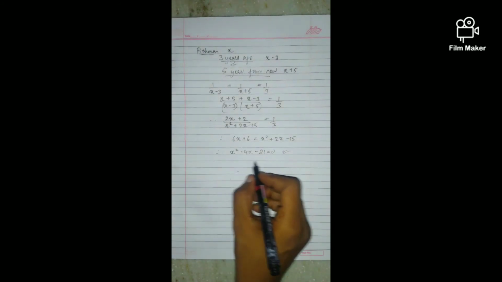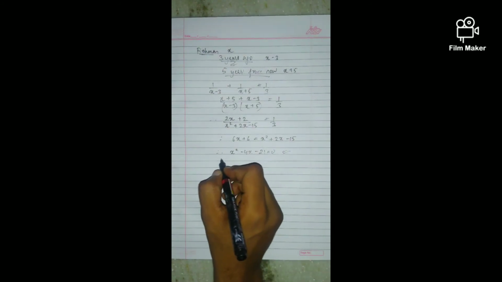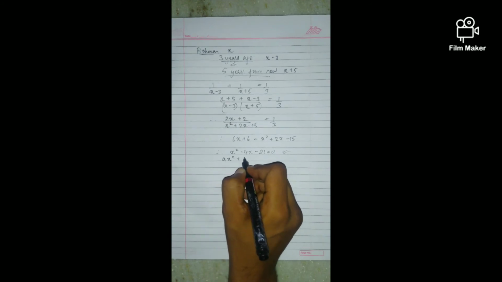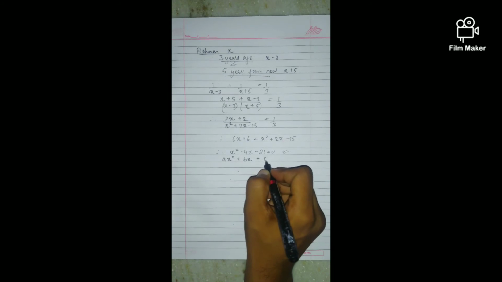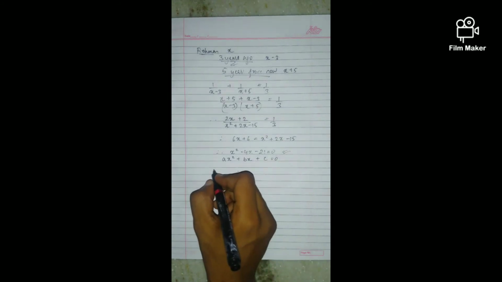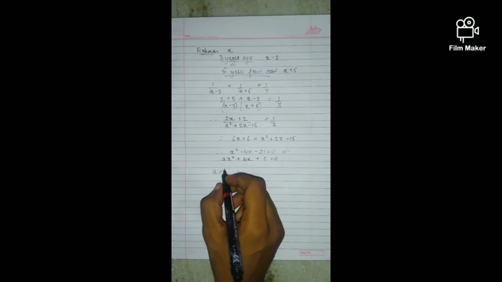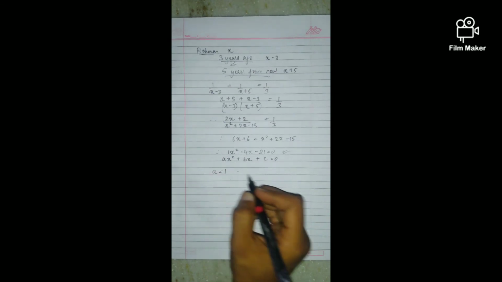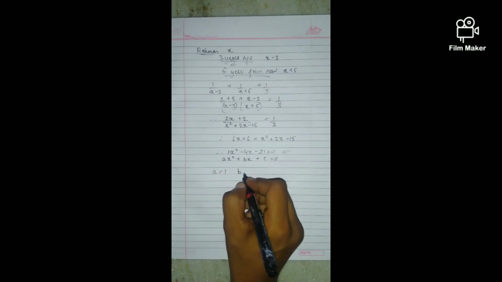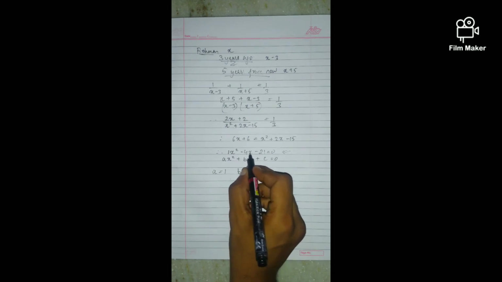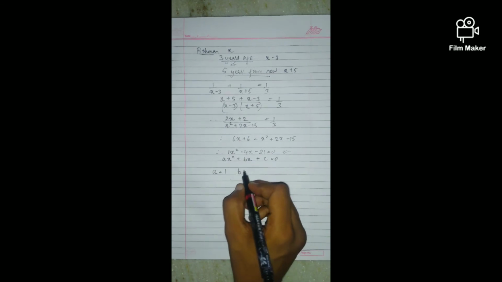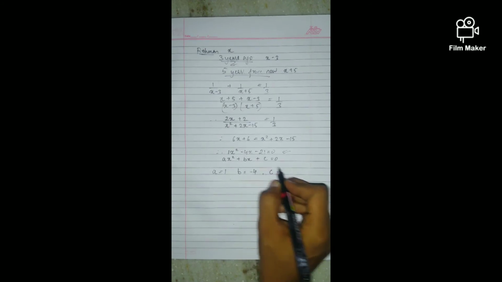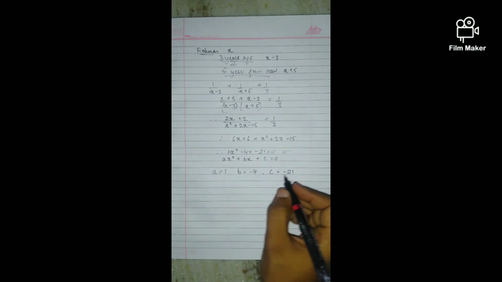So now comparing this equation with ax square plus bx plus c equals 0, we get a equals, see nothing is written, so we'll consider it as 1. a is equal to 1, b is equal to minus 4, and c is equal to minus 21.